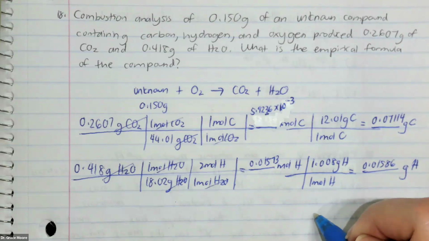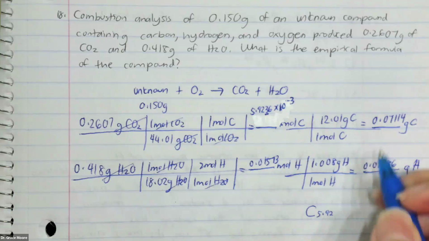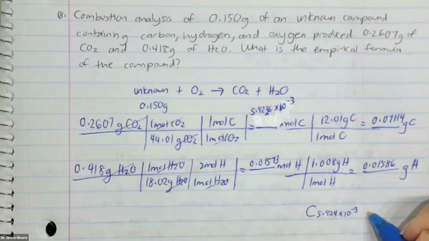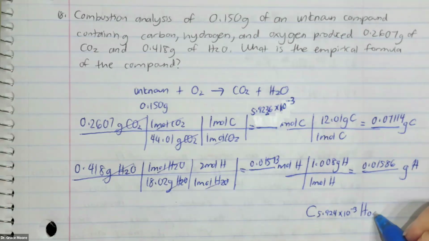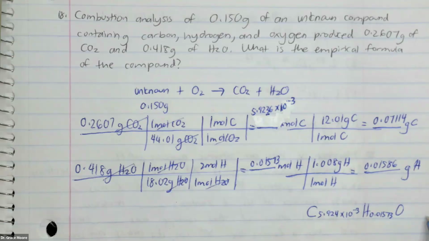So for my unknown ratio, I have C is 5.923604 times 10 to the minus 3, and then H is 0.01573. Then I don't know what O is, right? I still don't know what O is.